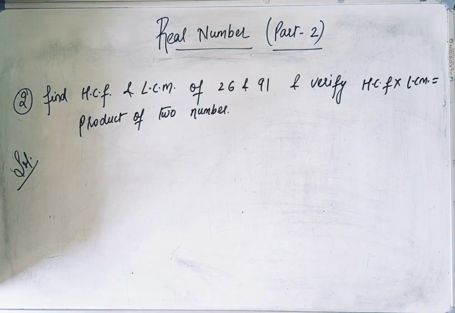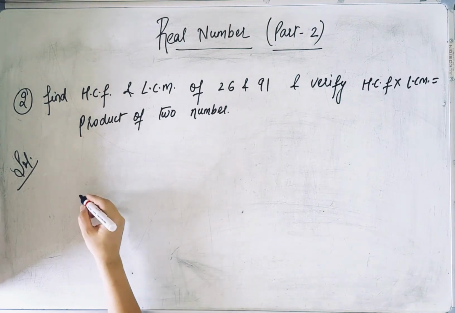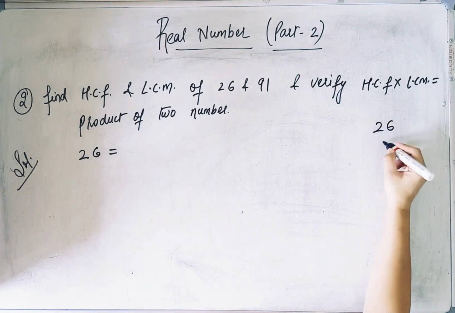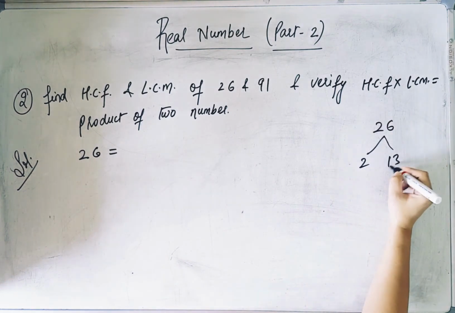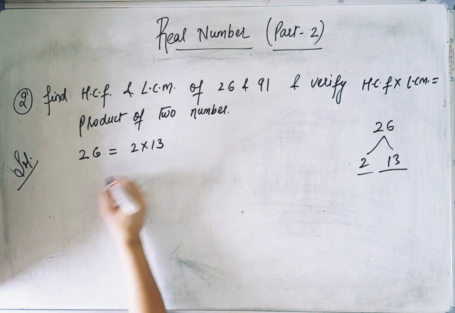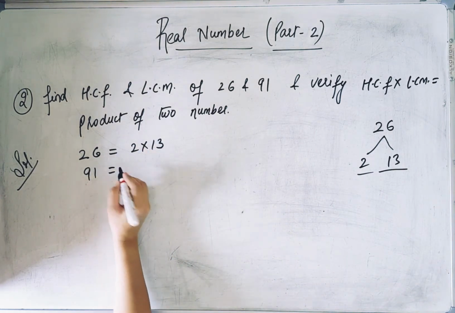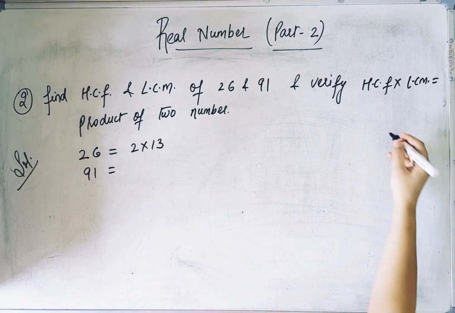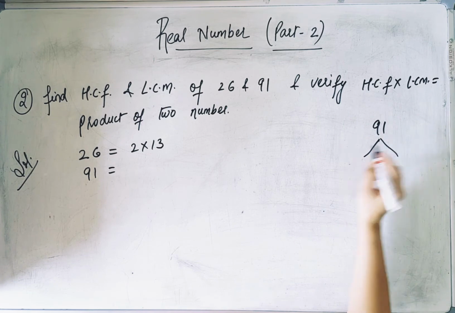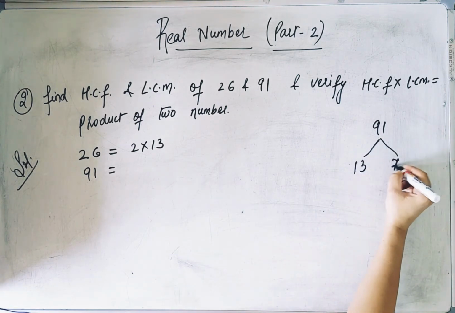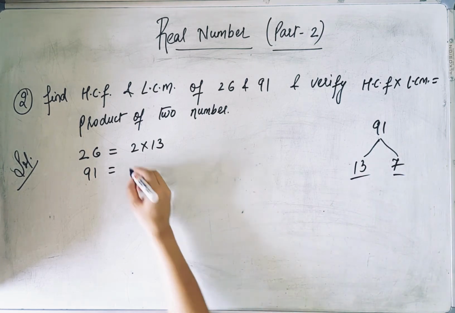See, now the question is, we have to find HCF and LCM of 26 and 91. So we'll find the prime factors of 26. We know 2 into 13, and these are both prime numbers. For 91, I can write 13 into 7, and these are both prime numbers.